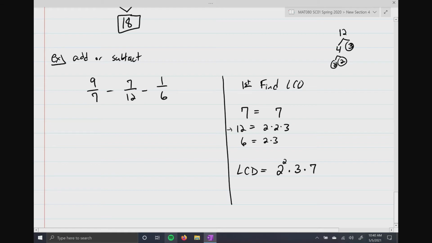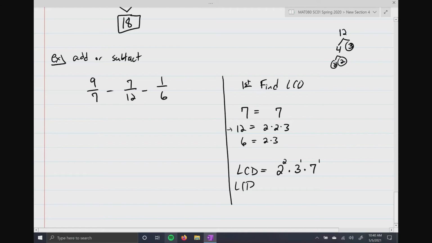So that's going to be 3 to the first, because I'm looking for the maximum number of times in one factorization. Lastly, the 7, I only see it once. So right here is the prime factorization of my LCD.